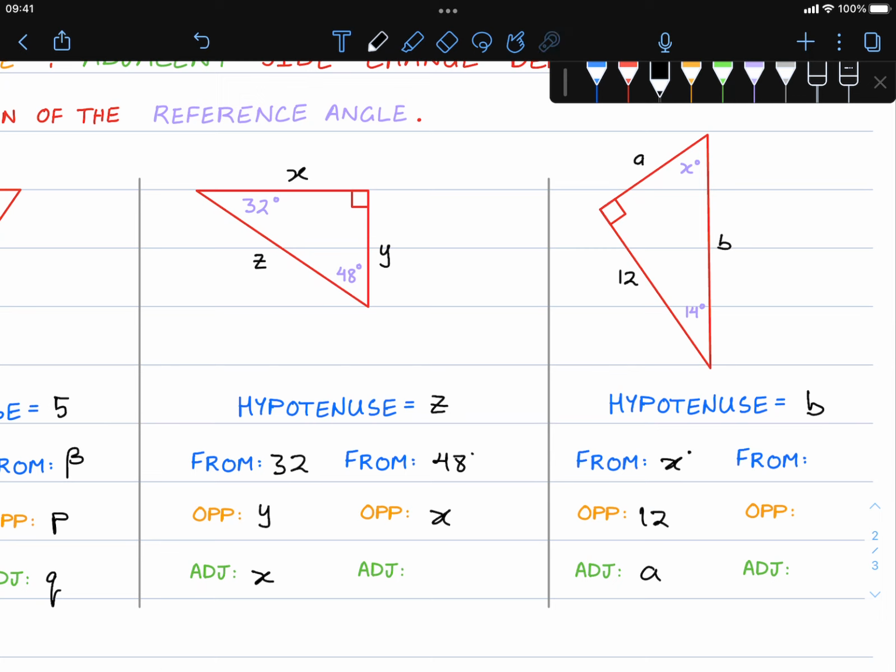And it leaves us with angle 14 degrees. The opposite from here is A, and adjacent from here is 12.